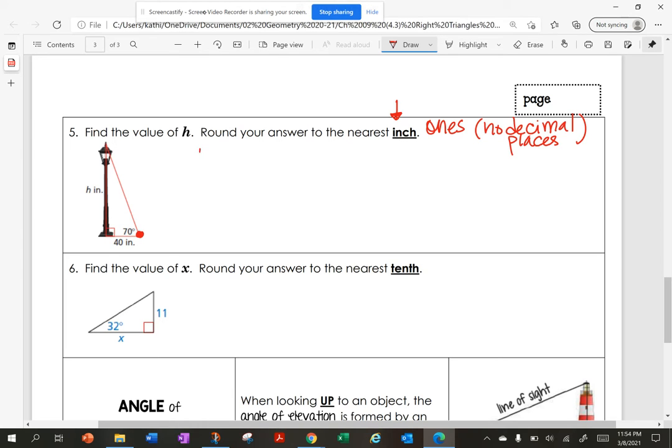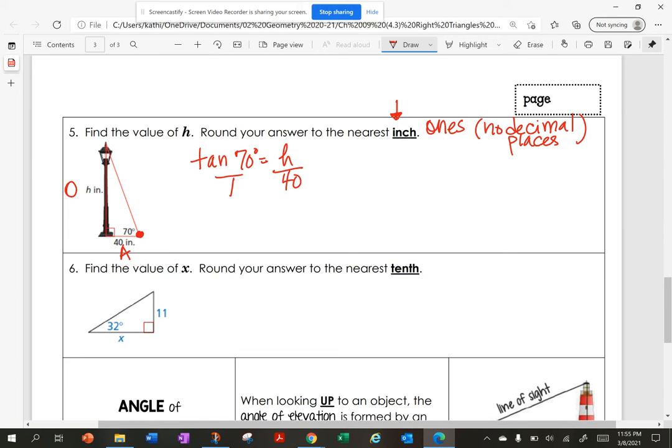So tangent of 70, so opposite divided by adjacent. So opposite is 40. I'm sorry, opposite is H. And adjacent is 40.